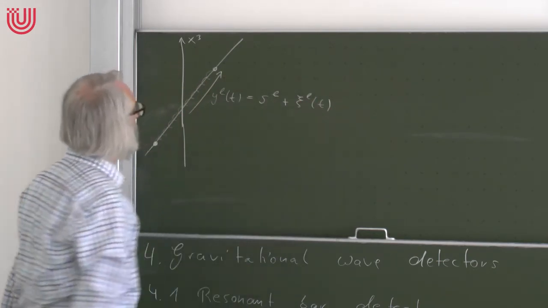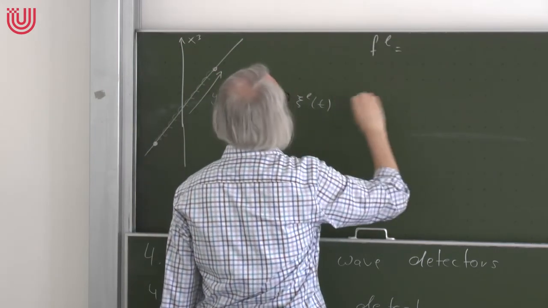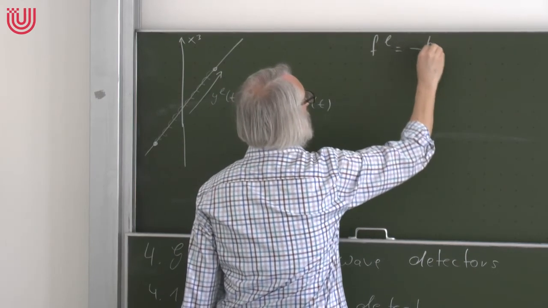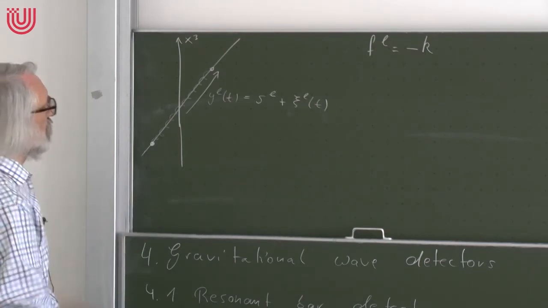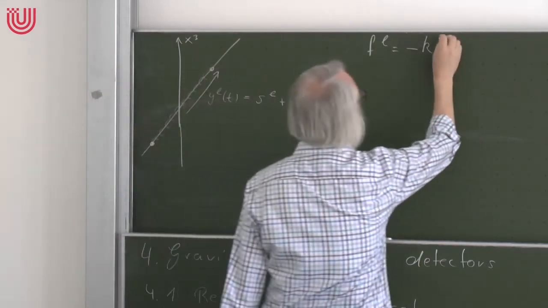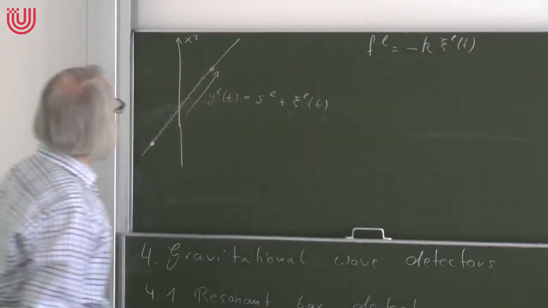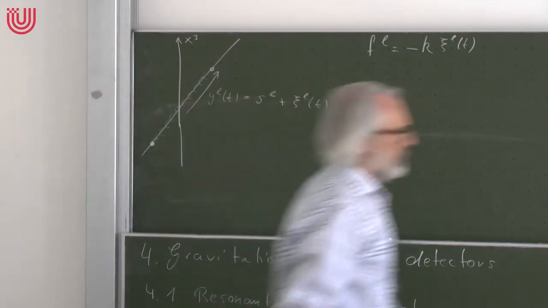So my force is then FL. The force is then, well, minus a certain spring constant k. We assume that the spring is a linear spring. Yeah, psi L of t. And we take a damping into account. How do I call the damping constant?